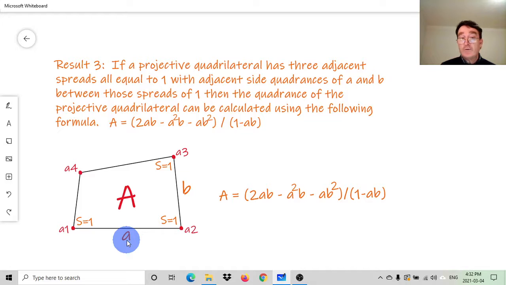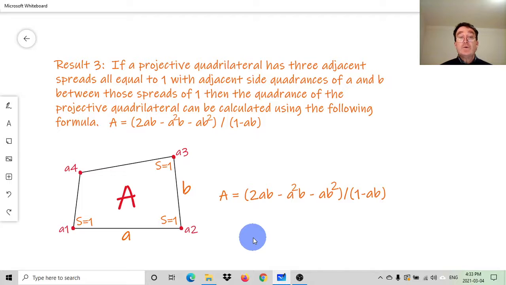So quadrance A is between these points where the spreads are 1, and B is between these points where the spreads are 1. And if that's the case, then you can use this formula here for calculating the quadria of the projective quadrilateral, just knowing the two side quadrances.